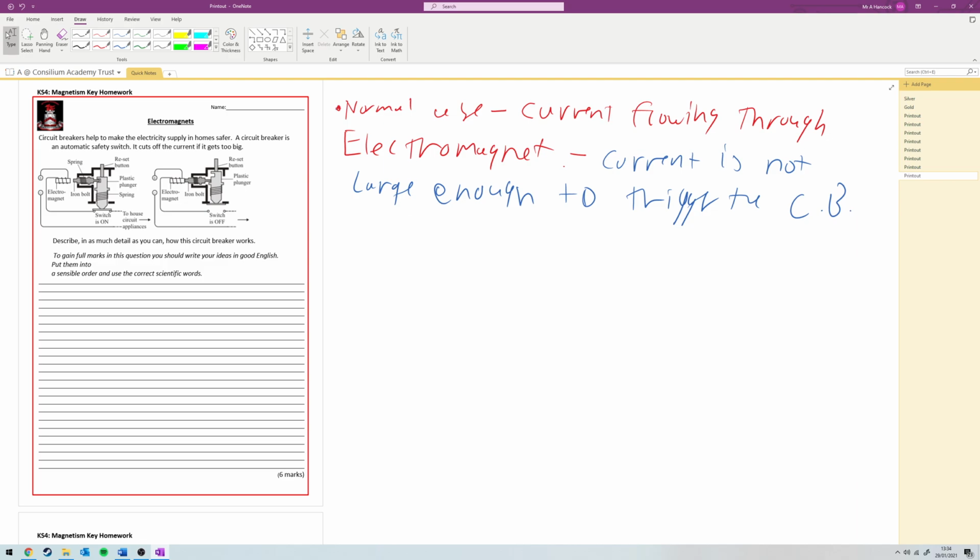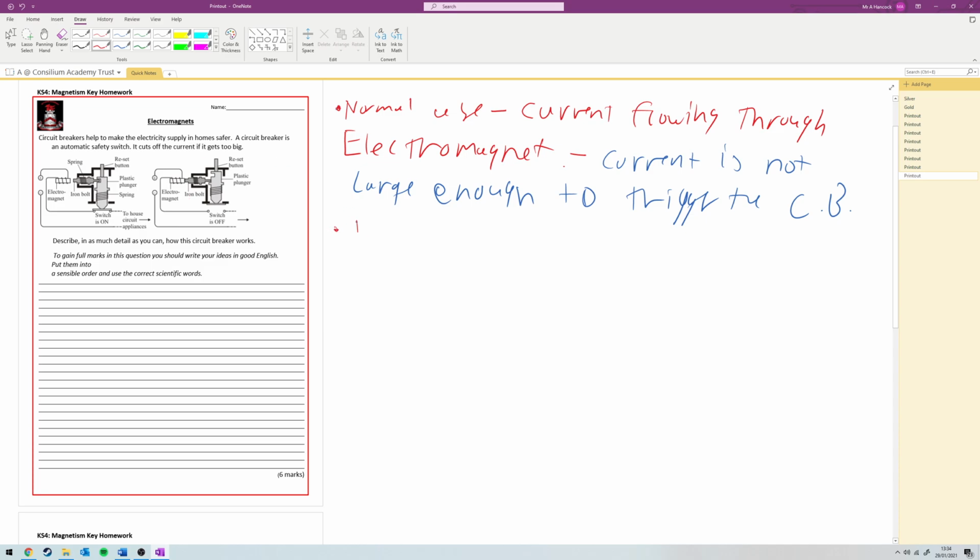So this current is not large enough to trigger the circuit breaker. Now, let's go back to our red pen. So normally we know that there is a current flowing through the electromagnet. The current is not large enough to trigger it, because during normal use there will be a magnetic field. It's just this spring is stronger.